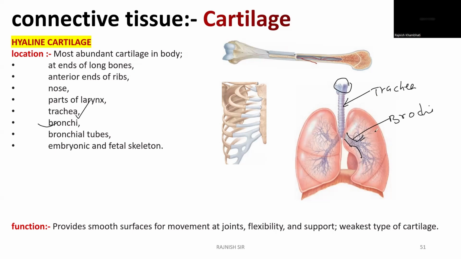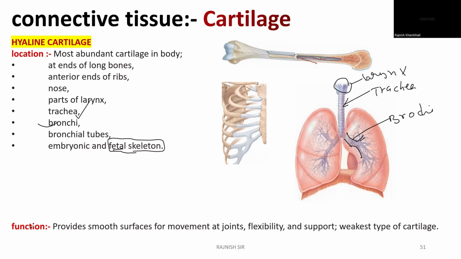So in the trachea, in the bronchi, and in the larynx, these are the places where hyaline cartilage is present, and also in the embryonic and fetal skeleton, the baby skeleton. When it is under the fetal condition, hyaline cartilage is present.